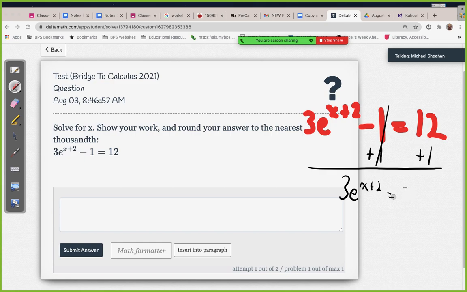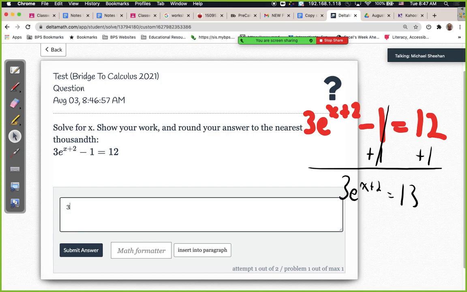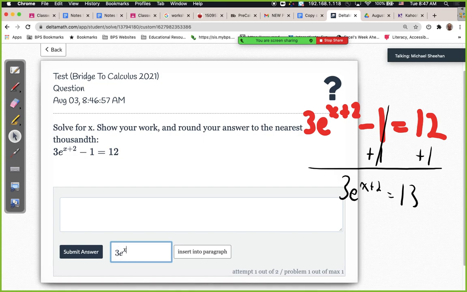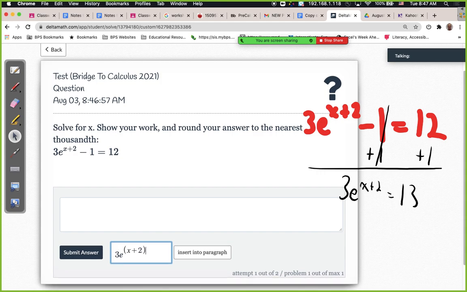Okay, so first thing we're going to do is add 1 to both sides. So that's what I'm going to show over here, the result after adding 1. 3e to the x plus 2 equals 13.